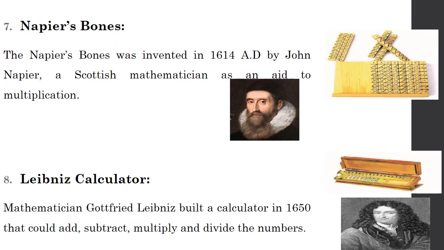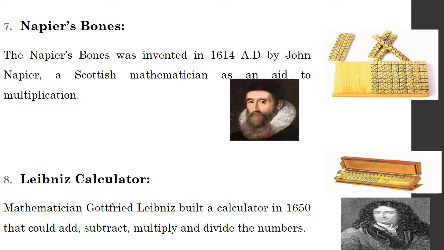Then seventh one, Napier's bones. Napier's bones was invented in 1614 AD by John Napier, a Scottish mathematician, as an aid to multiplication. So to solve multiplication problems, John Napier invented Napier's bones in 1614 AD.